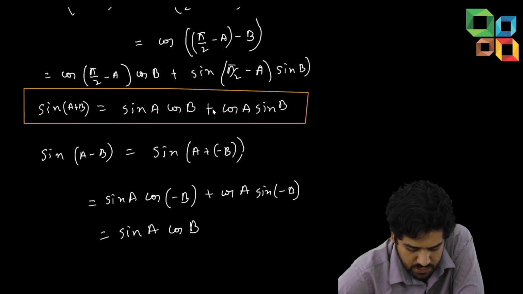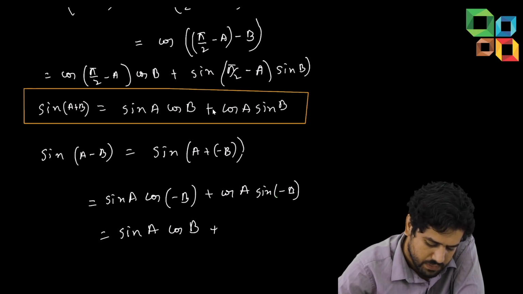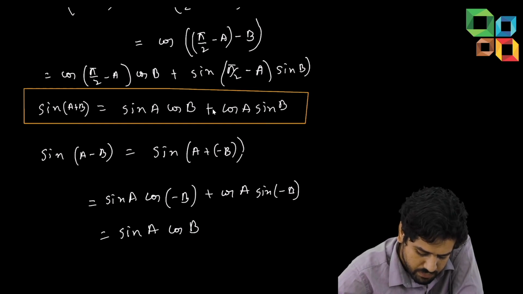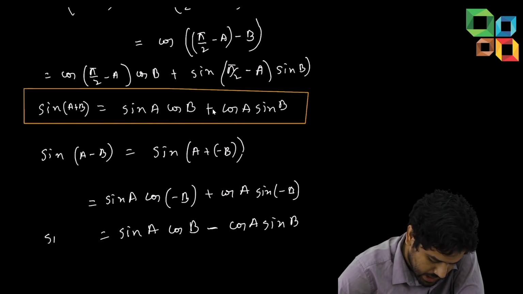We saw this just now. What about sine of minus B? It will be minus of sine B, right? So we get minus cos A sine B. This is sine of A minus B.